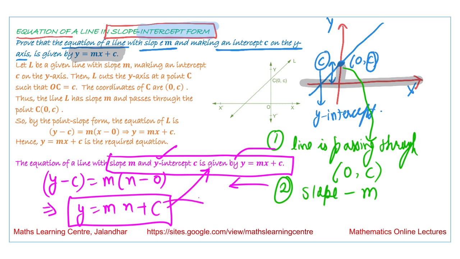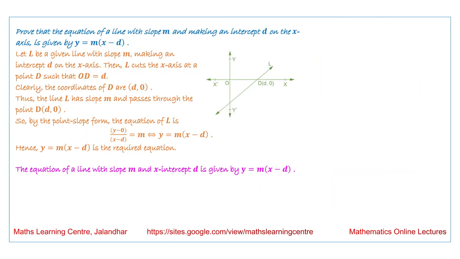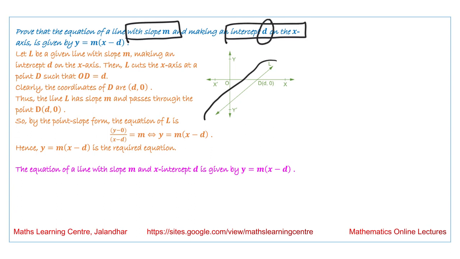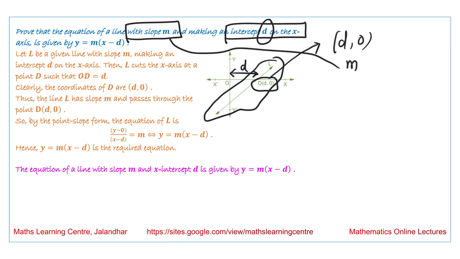Similarly, we can calculate the equation when the x-intercept is given. We will have a similar kind of equation. So next we are deriving the equation when the slope m is given and the intercept on the x-axis is d. D means the distance from the origin to this point is d. Now the point through which this line is passing is d comma 0, and the slope of this line is given to be m.